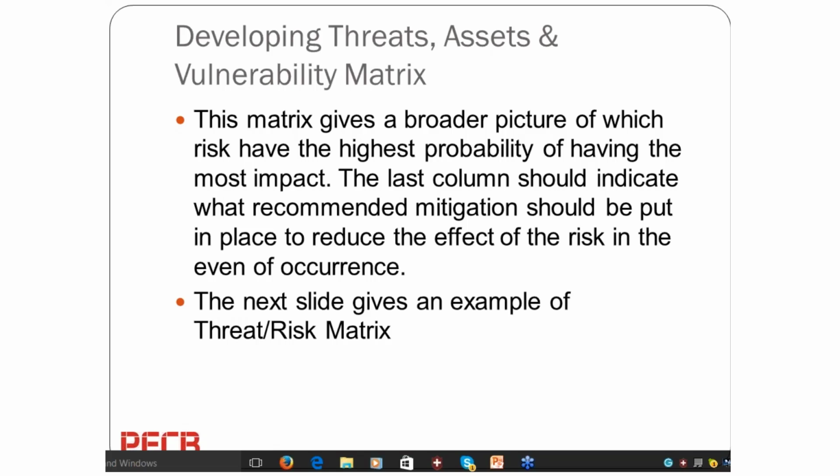The last column should indicate your recommendation to mitigate such risk or reduce the impacts or the effect of such risk in the event of occurrence. Now, in the next slides, we are going to look at examples of threats, risk, and risk matrix.